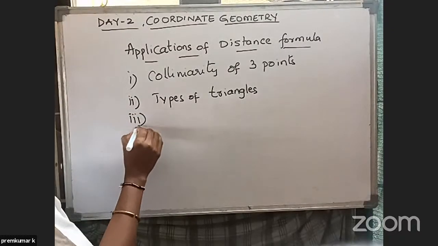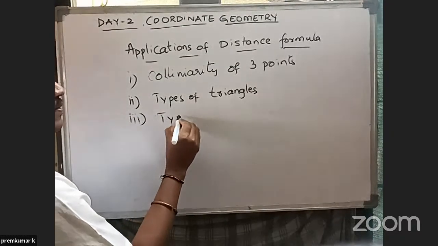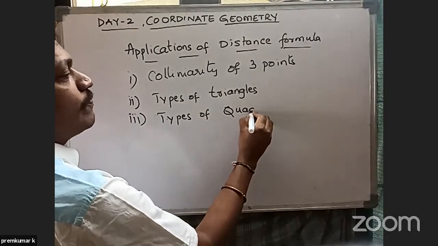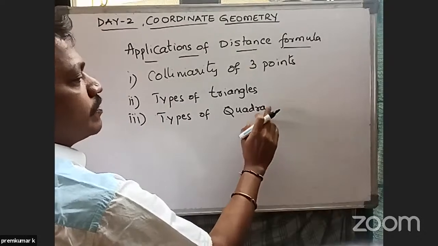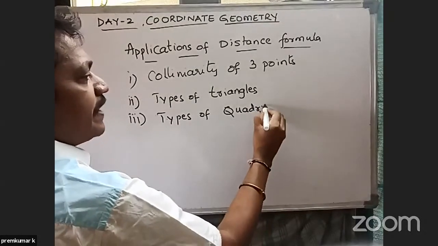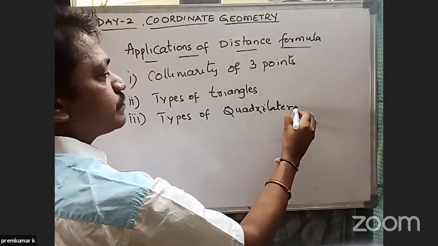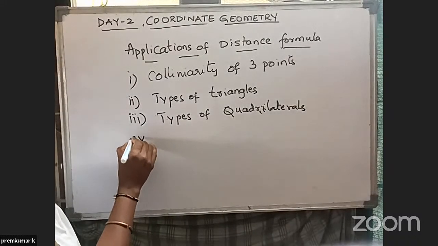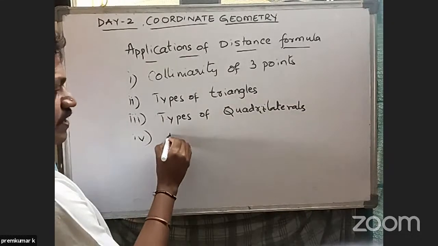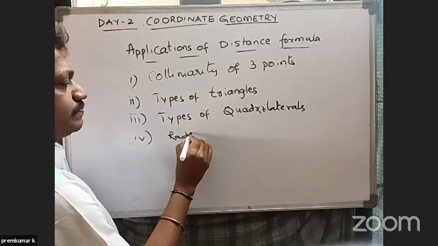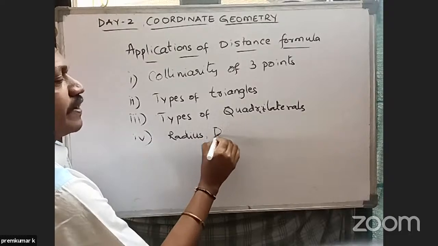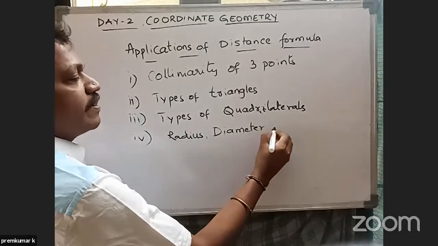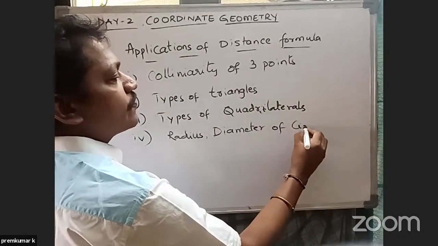Third one, types of quadrilaterals. Fourth one, radius or diameter concept, diameter of circles.